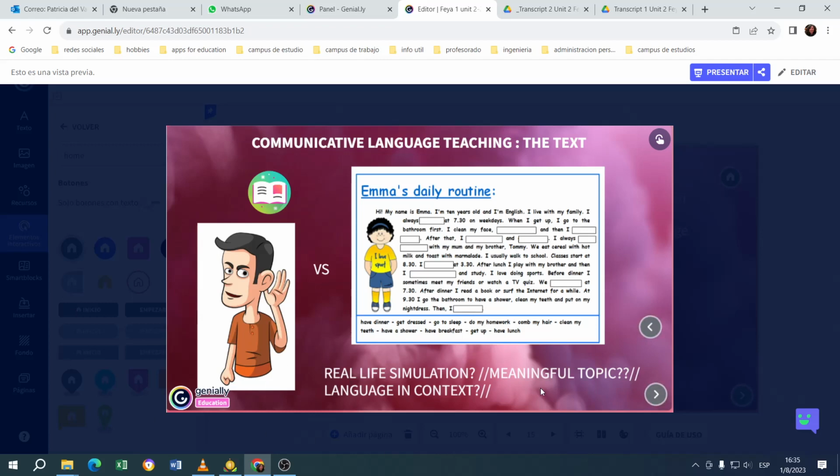Language is not really contextualized, except for the presence of a very artificial paragraph. It's a paragraph, and it's not a real genre. This is not a letter, this is not an email, this is not a comment on a Facebook page or on Twitter or whatever it is that children write nowadays. It's a paragraph, has nothing to do with real life.